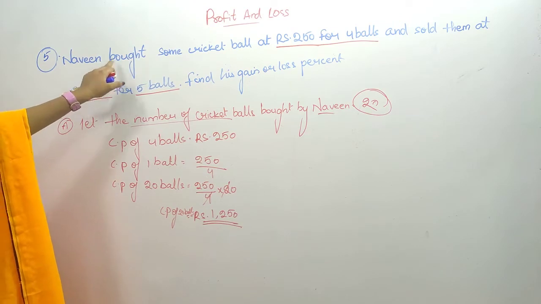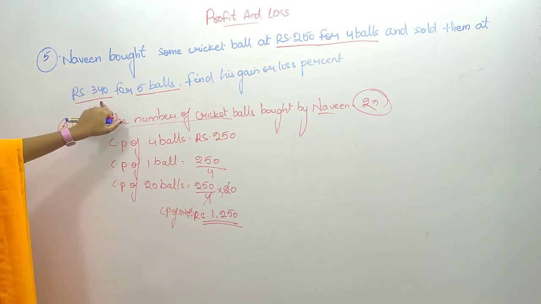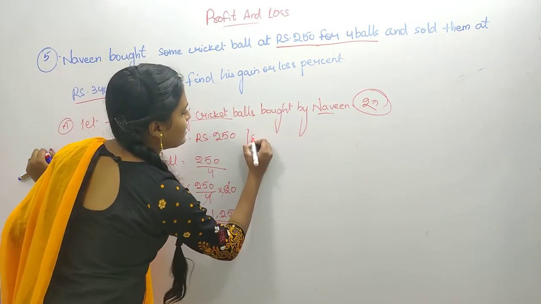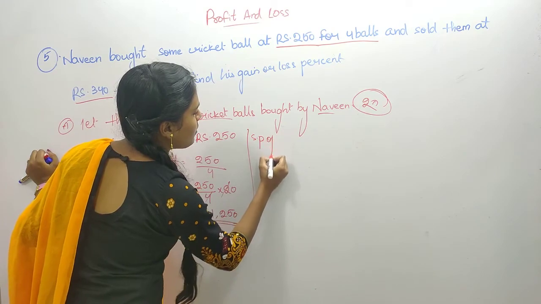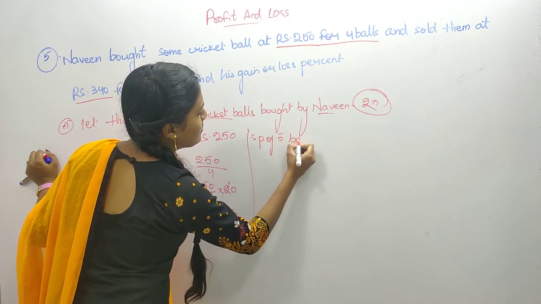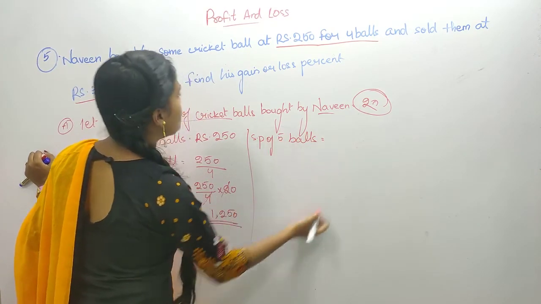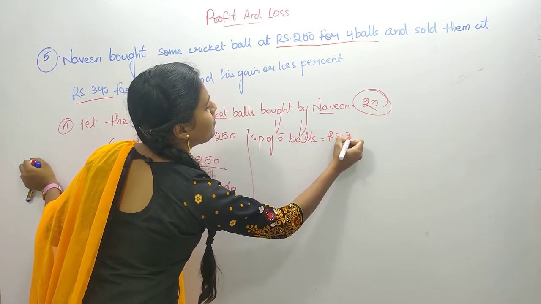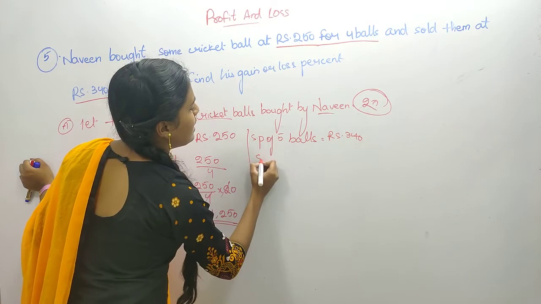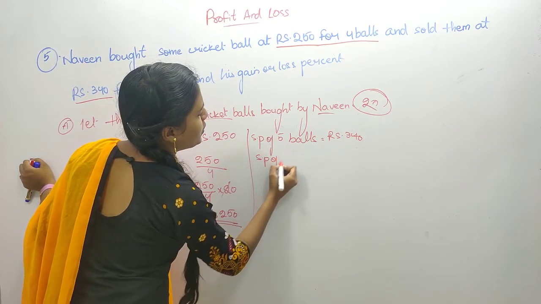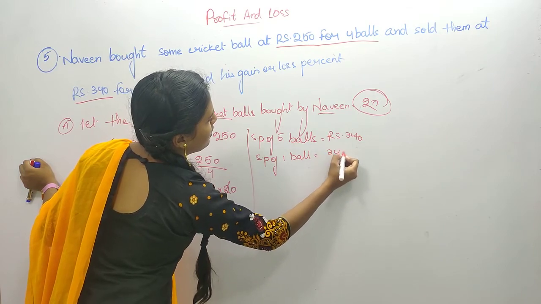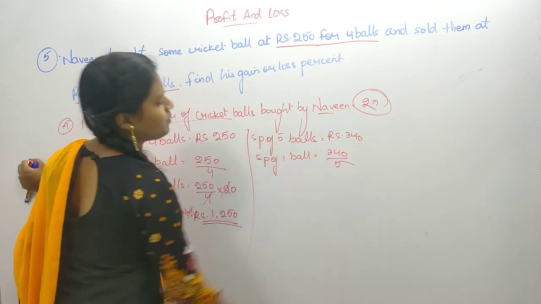Now he sold it for rupees 340 for 5 balls. Now we have to find the selling price also. Selling price of 5 balls is equal to how much? Rupees 340. Selling price of one ball you have to find. One ball is equal to how much? 340 by 5.